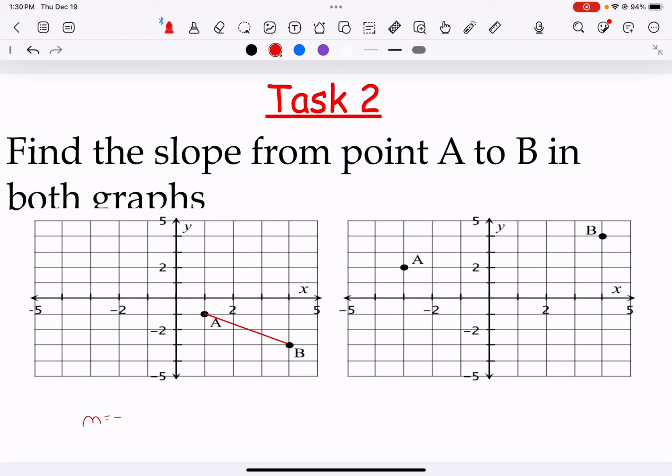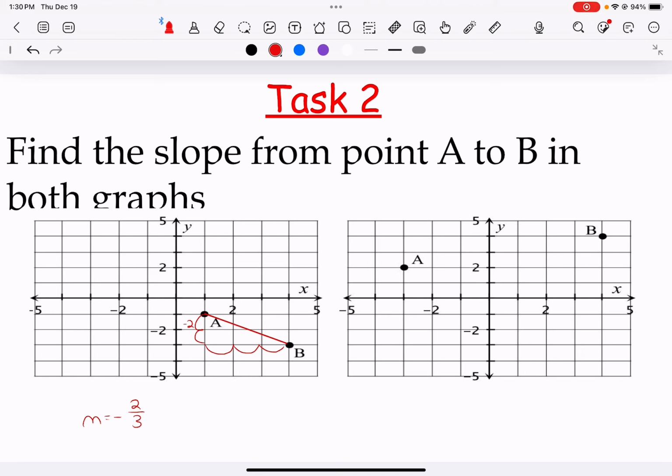I'm just going to count how much I'm moving down, my rise, and then how much I'm moving to the left or to the right. So to get from A to B, I'm going to go down 2. Notice how it's negative. That makes sense because my slope is negative. And then I'm going to run 1, 2, 3. So my slope would be negative 2 over 3.